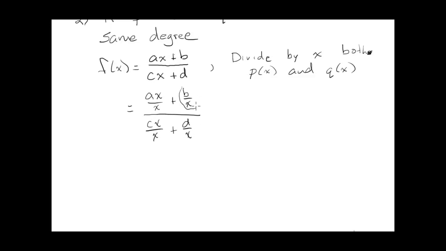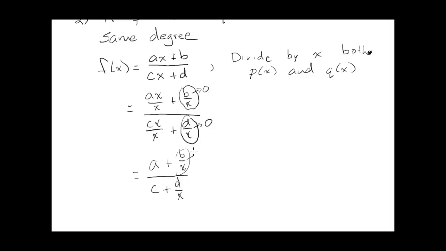Now b over x, that's going to go to 0, right? A constant over x, as x becomes very large, approaches 0. Same thing as d over x. Both of these are reciprocal functions. And then these ones, the x's will cancel out. So you're going to have a plus b over x and c plus d over x.